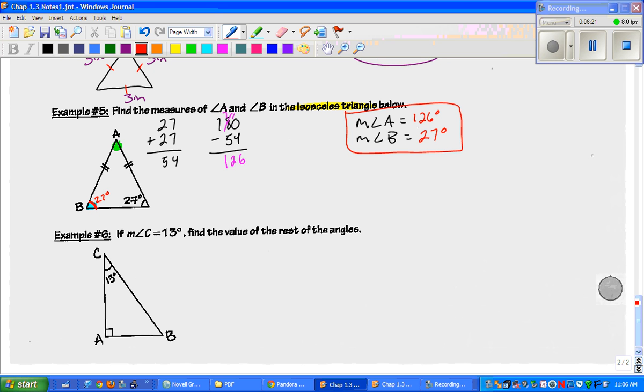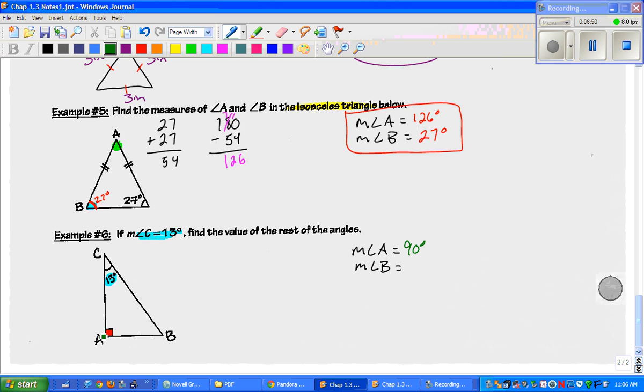And finally, example number 6. Angle C is 13 degrees. Find the rest of the angles. So we have to find the measure of angle A and the measure of angle B. Right away, I know what A is because we see that little box right there. Anytime we see that box, we know that it means 90 degrees.